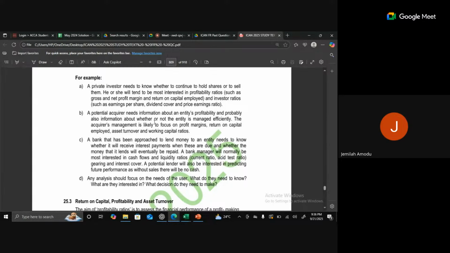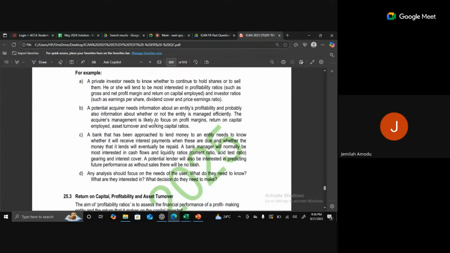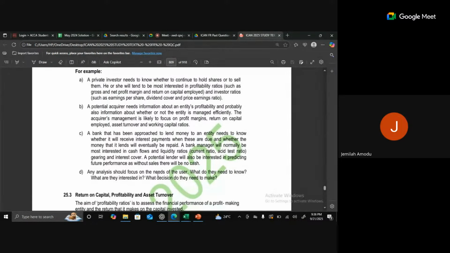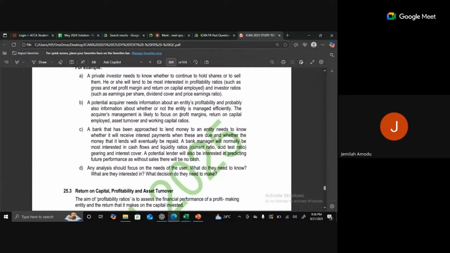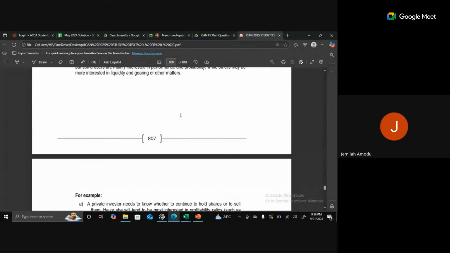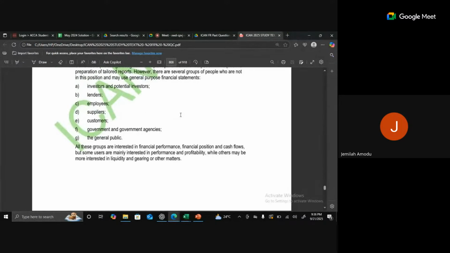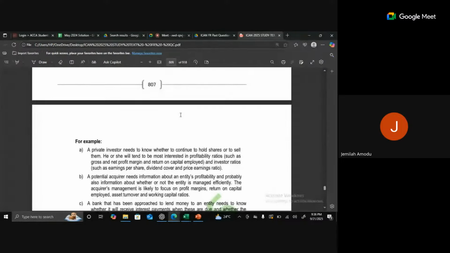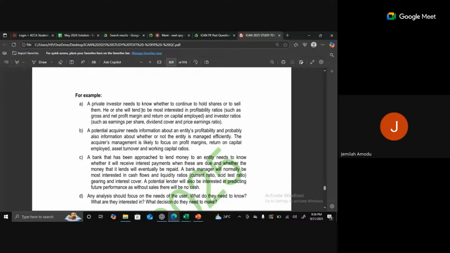And you also look at their working capital and other things so that it won't be like you're just buying over a liability, right? So you can look at others. We'll not waste time on this. It's just basically them trying to explain how all these users of accounting information would use ratio, right? So just try and read everything.